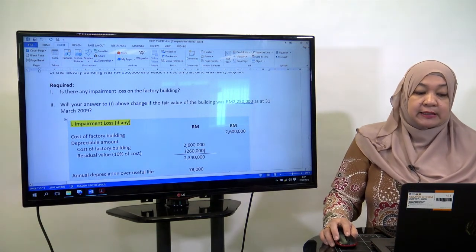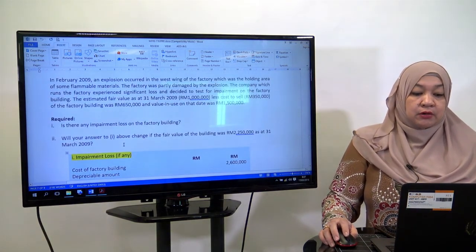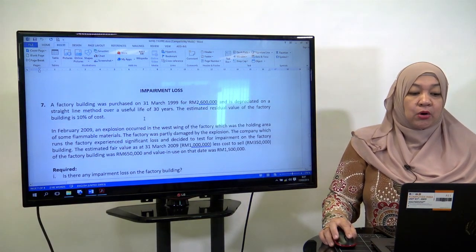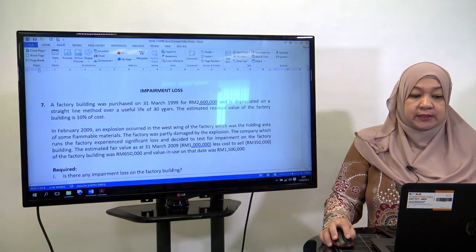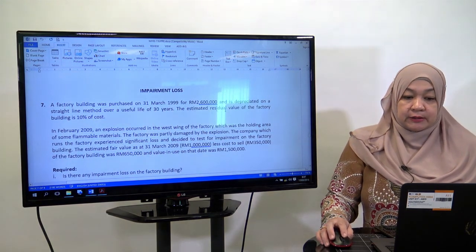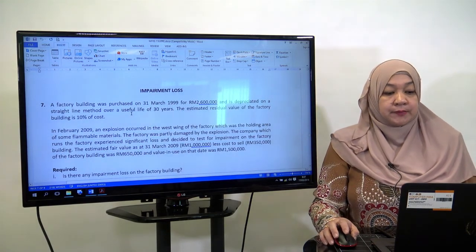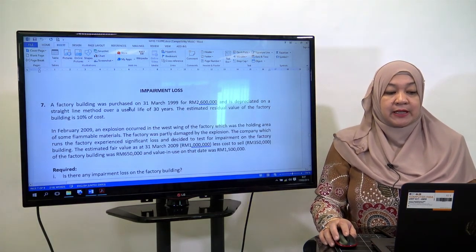Less depreciable amount. Now, depreciable amount is 2.6 million over a useful life of 30 years. This question requests us to determine the depreciation amount based on the straight line method.